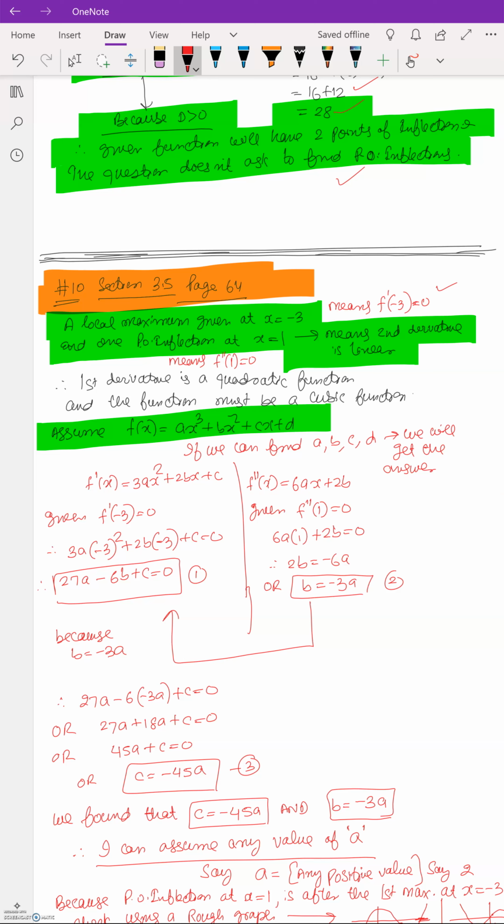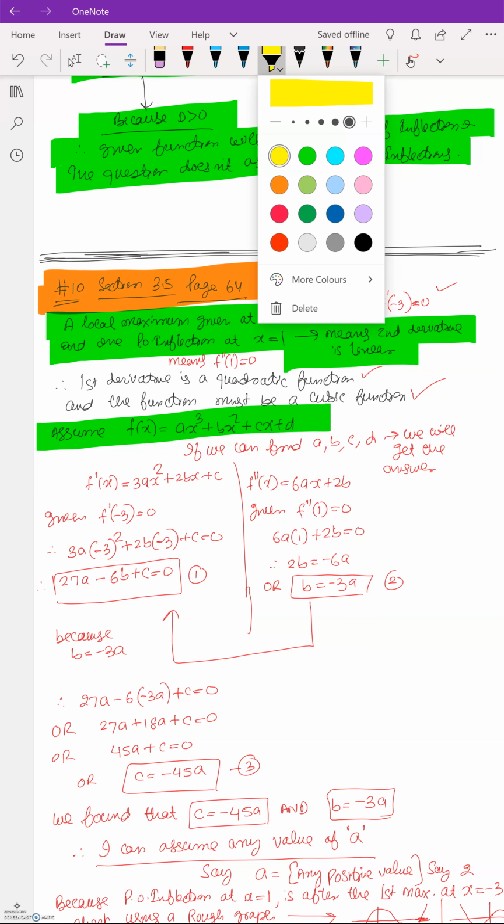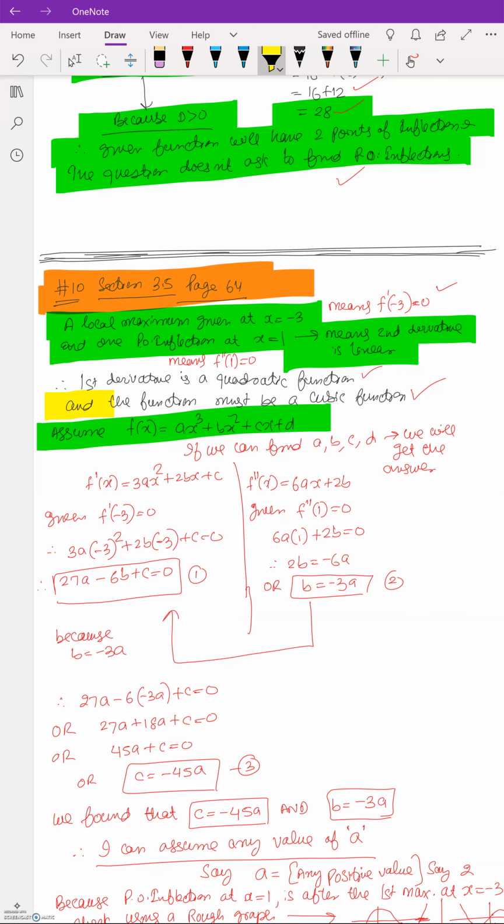Because there's only one point of inflection, the second derivative of this function must be a linear function. The first derivative has to be quadratic, and then the function has to be a cubic function. So based on the information given to us, I concluded the function has to be a cubic function.